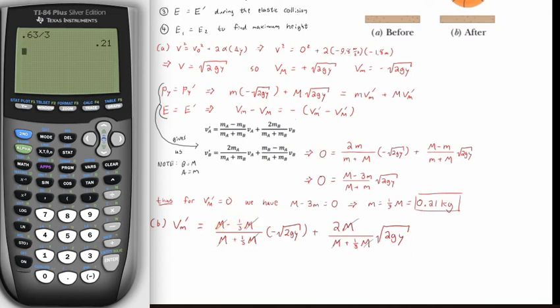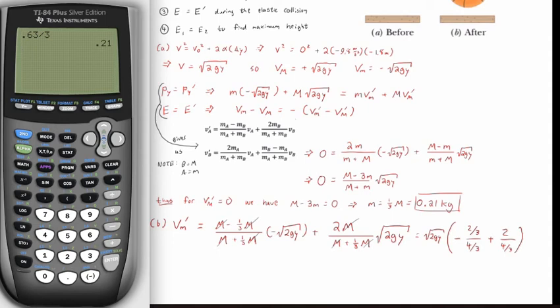Okay, so let's just write this out. This is going to be 2/3 divided by 4/3. And in fact, let's go ahead and factor out our common term of the square root of 2gy. Then we'll do this first one here, but it means we need a leading negative, right? And then plus this other one is just going to be 2 over 4/3 again.